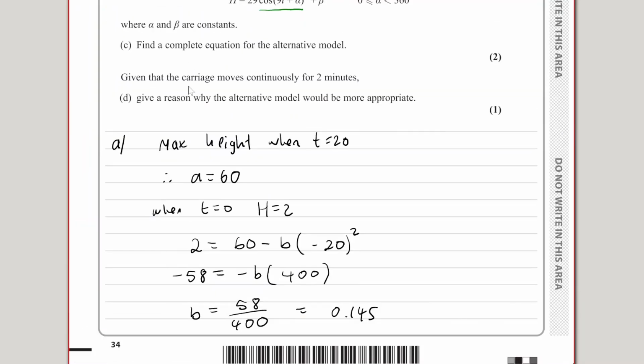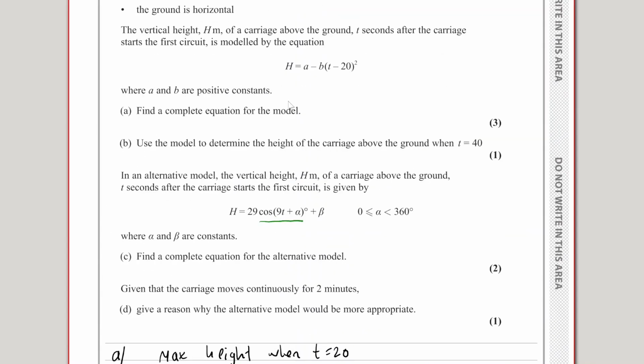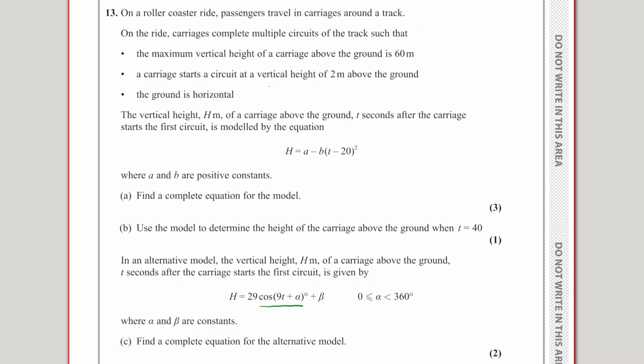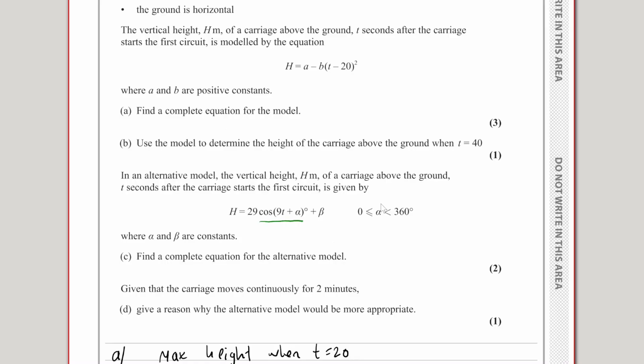Given that the carriage moves continuously for 2 minutes, give a reason why the alternative model would be more appropriate. So with our original model, we've got a quadratic. It's a negative quadratic.